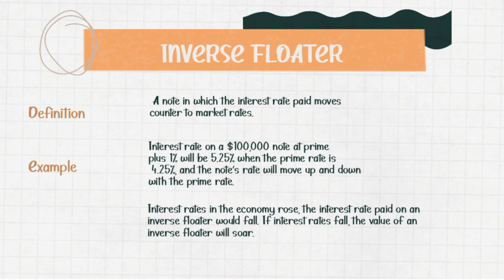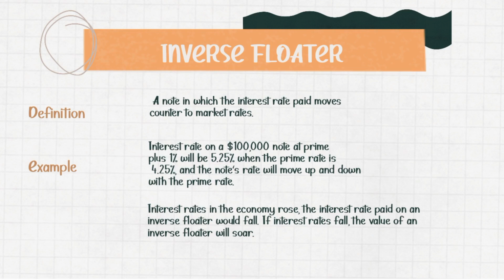So next, inverse floater, a note in which the interest rate paid moves counter to market rates. A floating rate note has an interest rate that rises and falls with some interest rate index.